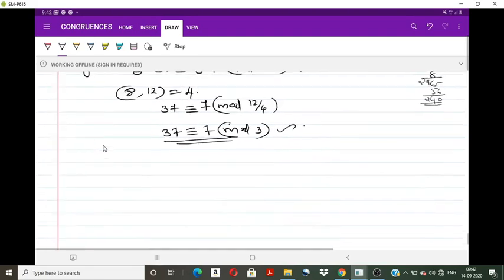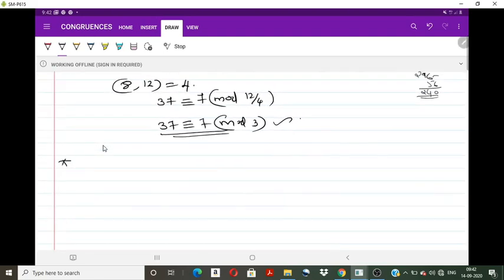Now we will discuss another important theorem which gives how congruences of two numbers with different moduli can be combined into a single congruence. So this is a theorem for combining congruences with different moduli into a single congruence.